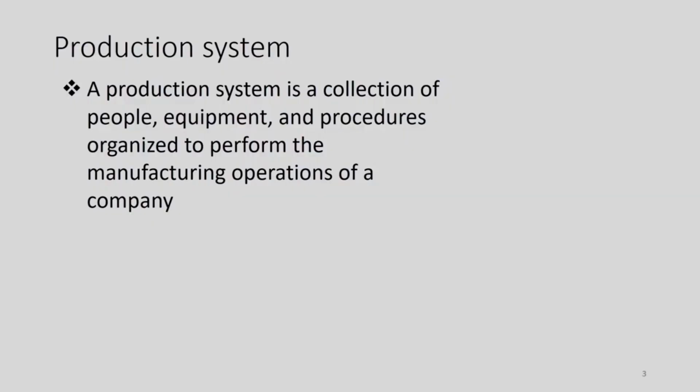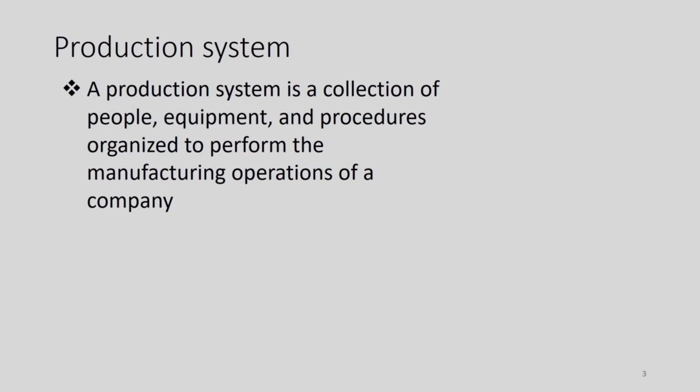Then you excel in the market, become the leader in the market. But what are the various elements of a production system that we need to first see? On the slides, as you can see, the production system is nothing but a collection of first the people, which is the most critical element, equipment and the procedures which are required to perform the manufacturing operations.